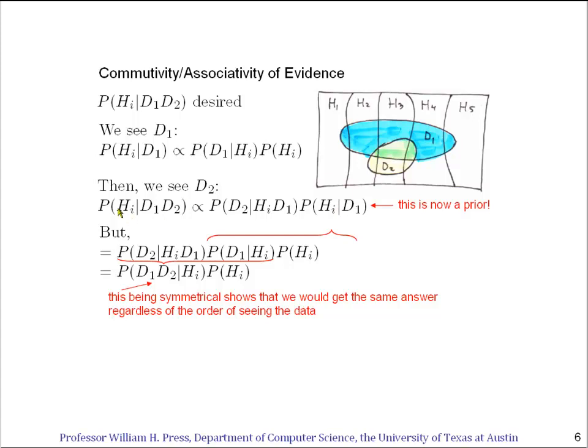Okay? So we want to get the probability of H sub i given both D1 and D2. We now apply Bayes' law to this, but the D1, which we've already seen, just stays passively on the right-hand side. So Bayes' law says we can reverse the Hi and the D2, here and here, and we just keep the D1 going along for the ride, because we've already renormalized the outcome space, in a sense, to just be living within D1.